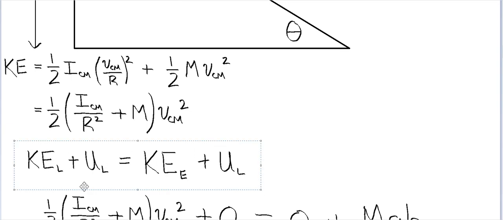If we're in a state where we can assume that mechanical energy is preserved, then we'd have that the later kinetic energy plus the later potential energy needs to equal the earlier kinetic energy plus the earlier potential energy.